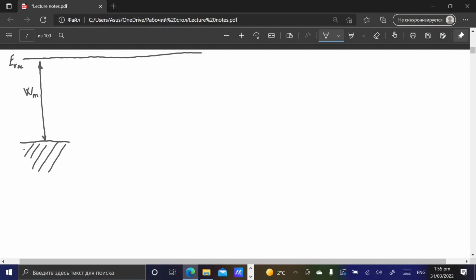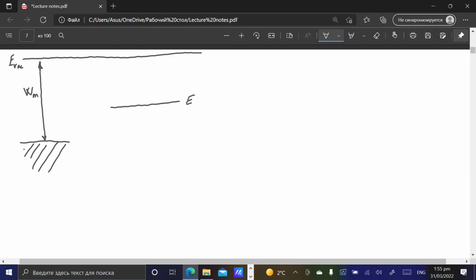Then we also have a semiconductor. In our case, for consistency, let us consider an N-type semiconductor. So what do we need for the semiconductor? We need the band structure. So let it be something like this.